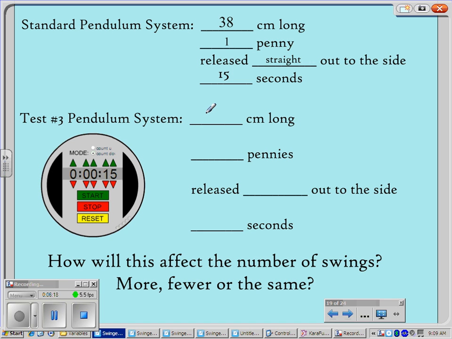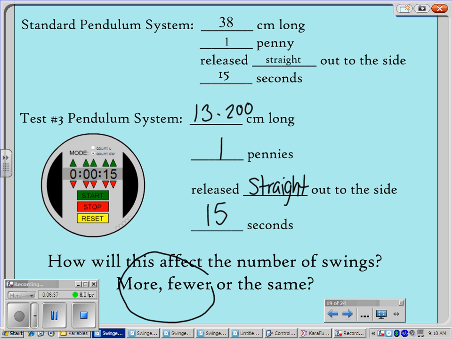So, we didn't have the 38 centimeters anymore. Now we had different lengths, and they went anywhere from 13 to 200 centimeters long. 1 penny for each, release straight out for 15 seconds. And we did find out that there were more or fewer swings depending on the length of the string.